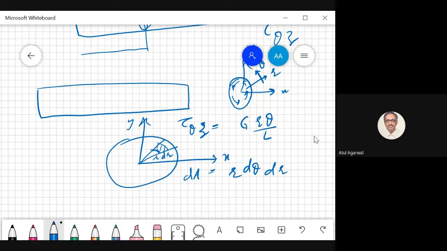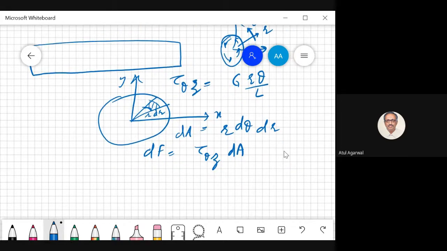And what is the force on this element? This stress into the area. So this is the force coming on this element, which is G r theta by L, times the area r d theta dr. What is the direction of this force? The direction of this force is tangential. It is the theta direction. So I use this theta direction.